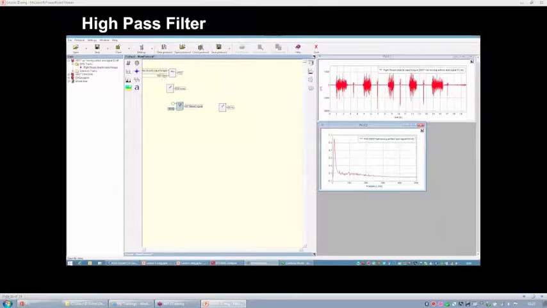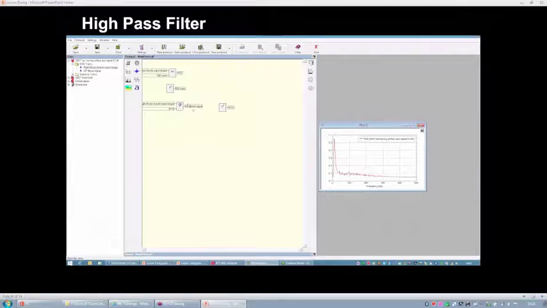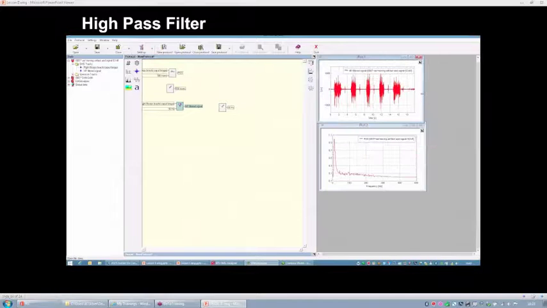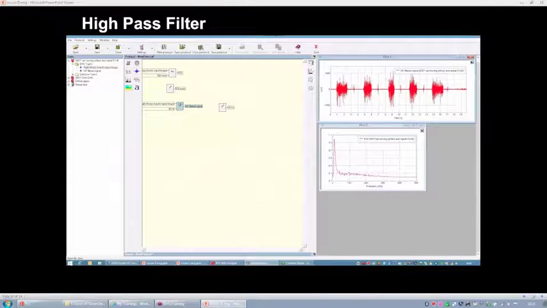Okay, and the signal has to be the first input. So now I'm going to show you the results of the filtered signal. As you can see, we have now reduced the amount of the artifacts.